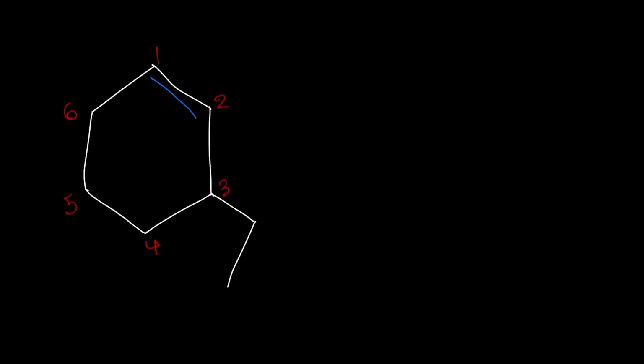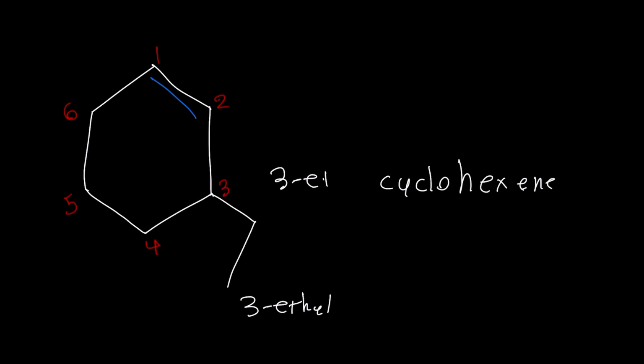As you can see, we have 6 carbons in total, which would be equivalent to hexene, but since we have a ring, it's cyclohexene. We have an ethyl substituent on position number 3, so this would be 3-ethyl, and we put it on like this, and this should all be one word: 3-ethylcyclohexene.